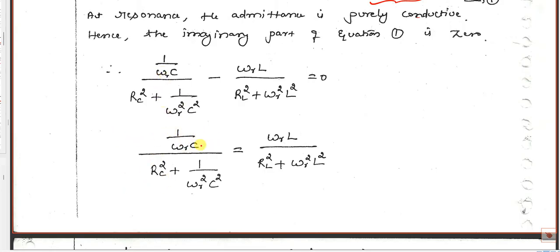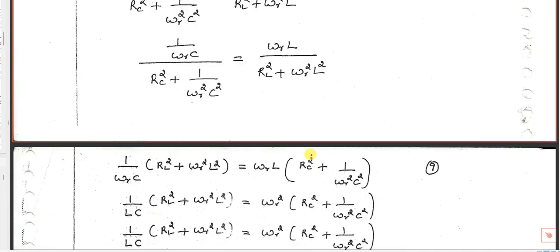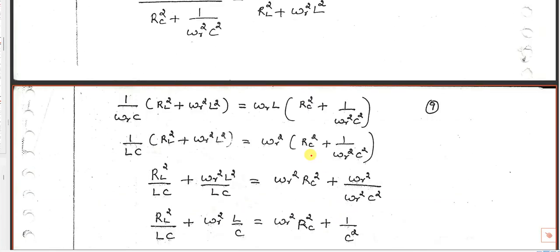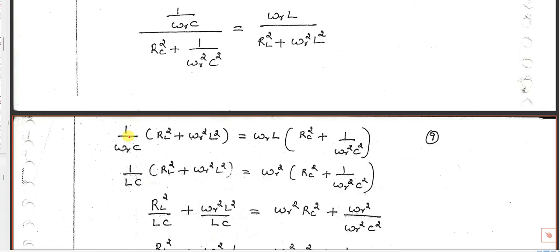Left side you have 1 by omega r C over RC square plus 1 by omega r square C square, right side omega r L by RL square plus omega r square L square. Next you have to cross multiply, multiply with this and with this.